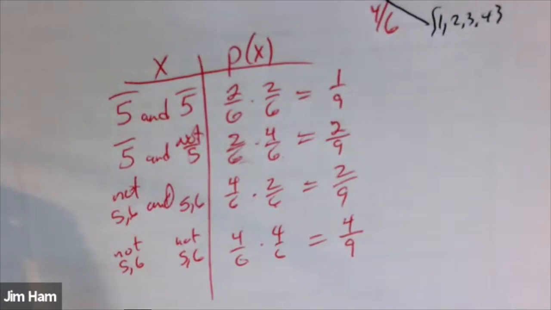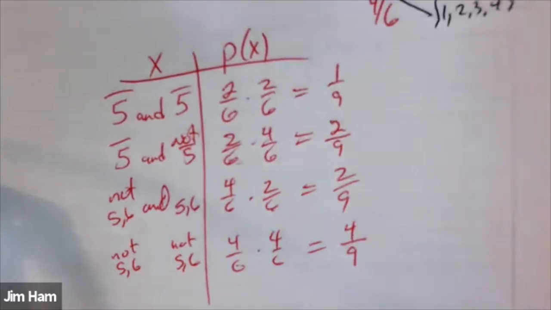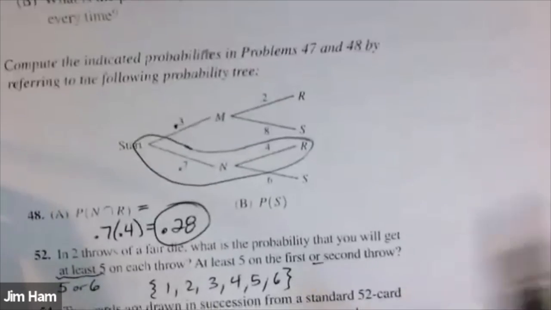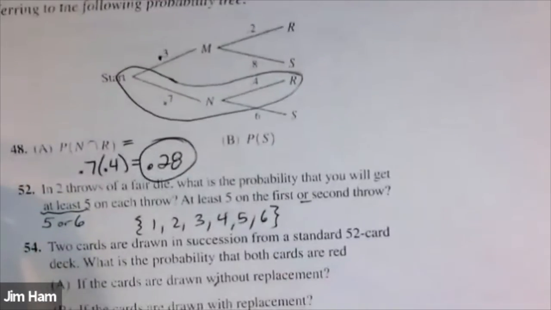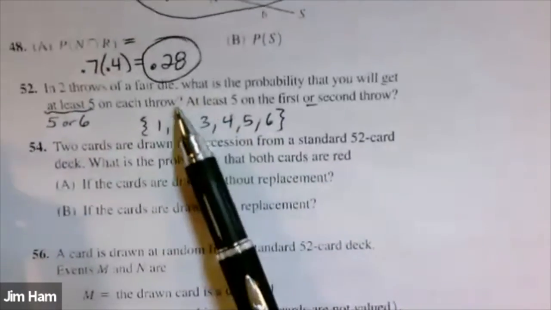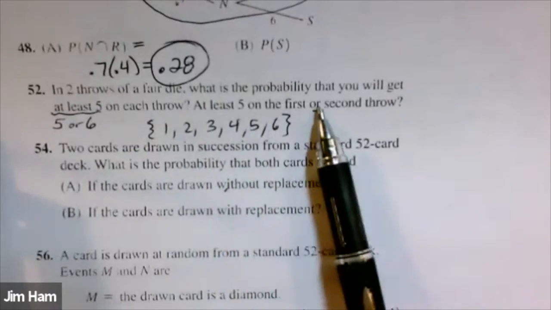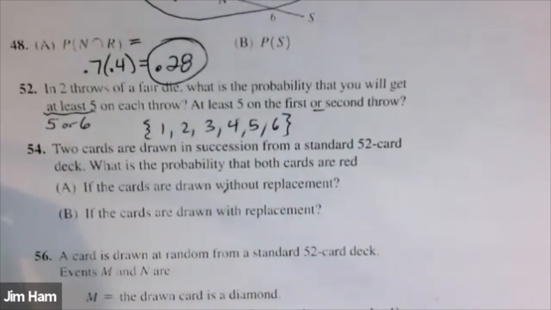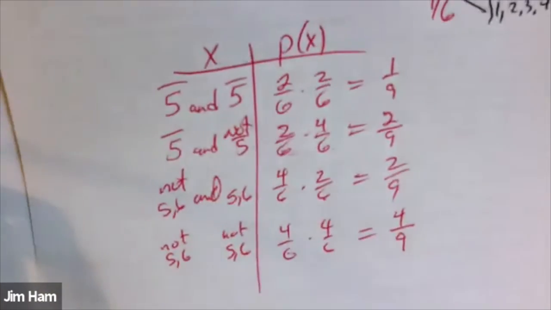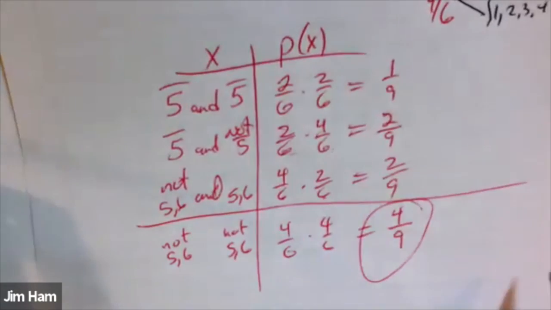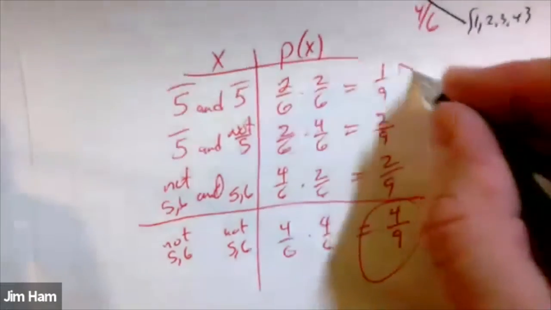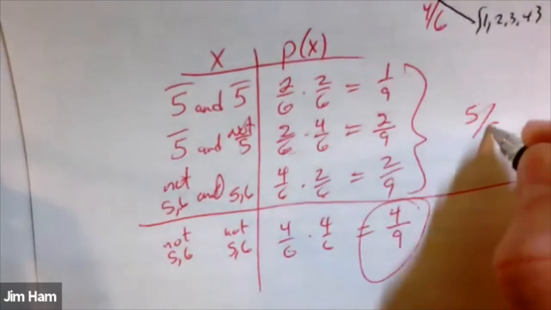So which of these outcomes are described in our event? At least 5 on the first or the second. So the only one that we're not going to count is this one right here. So if you add up all those, you get 5/9.